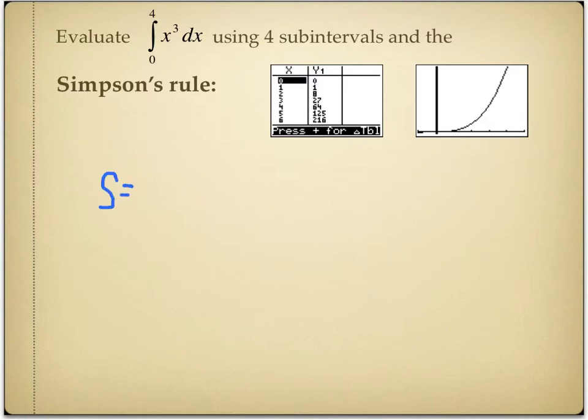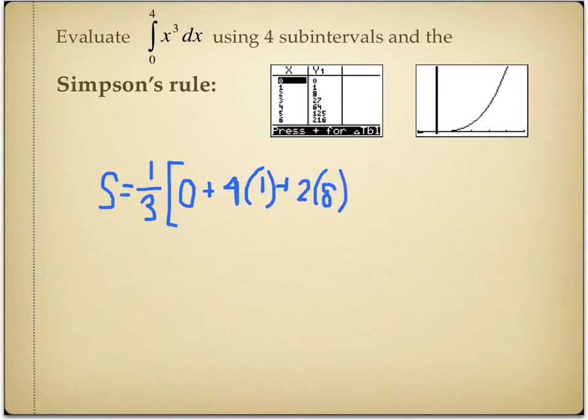I'll use S for Simpson's. This time it's 1/3 based on the parabola stuff, remember. And then we alternate multiplying by 4 and 2. So it's going to be 4 times 1 plus 2 times 8 plus 4 times 27, and then the last one again stands alone, so that'll be 64.